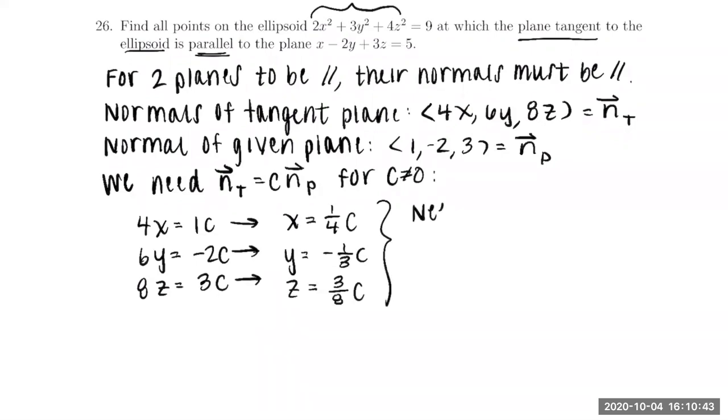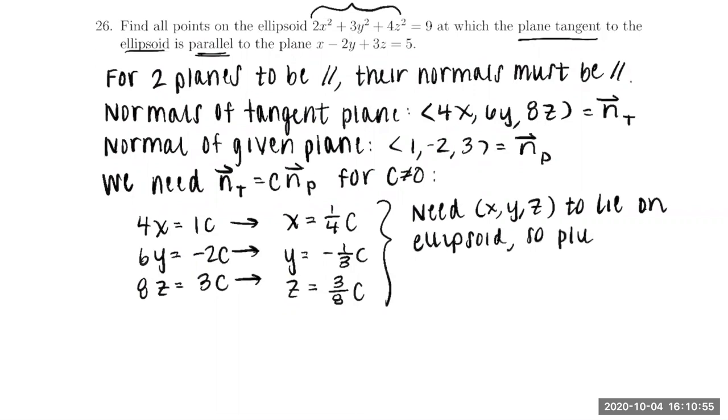And I need the point x, y, z to lie on the ellipsoid. So I'm going to plug these equations into the ellipsoid equation, and that will reduce this from a system of 3 equations to a system of 1 equation, 1 unknown.